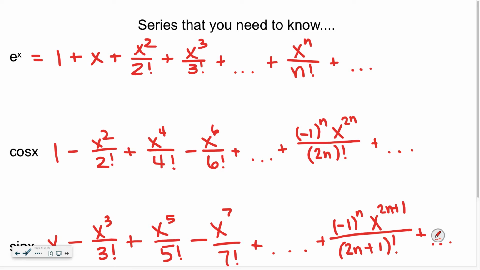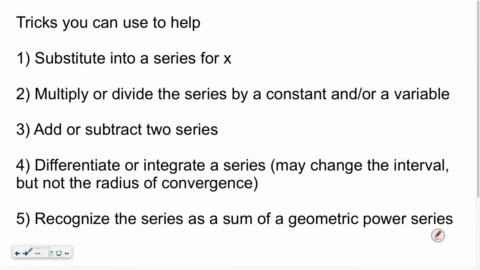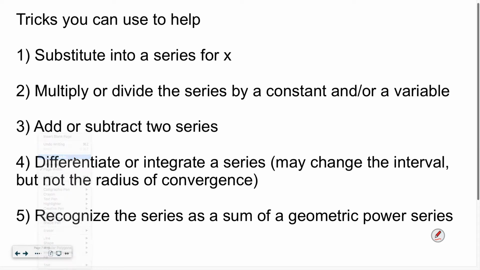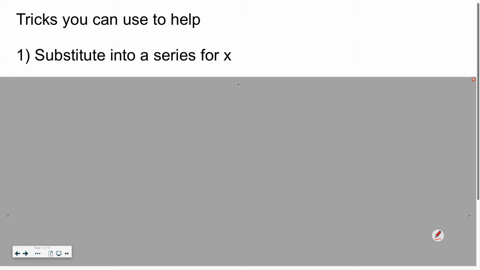So what can we do with these functions and their Taylor series? Like I just mentioned with our first example, we can substitute into a series for x. So if you have the cosine of 5x, you can take the series that we just wrote down and replace all of the x's with 5x. Or if you have e to the x plus 1, you can substitute all in those for the x plus 1s.